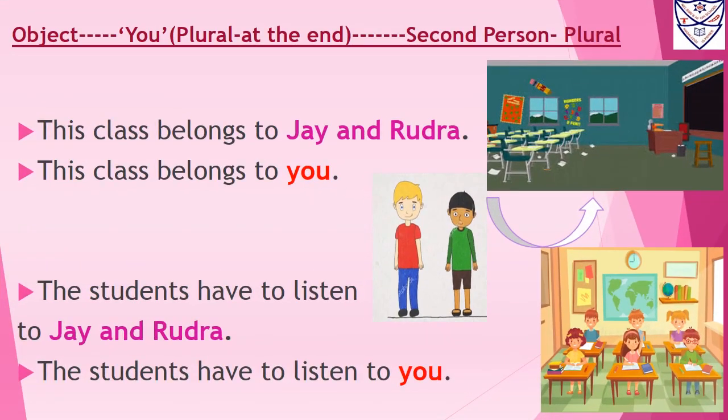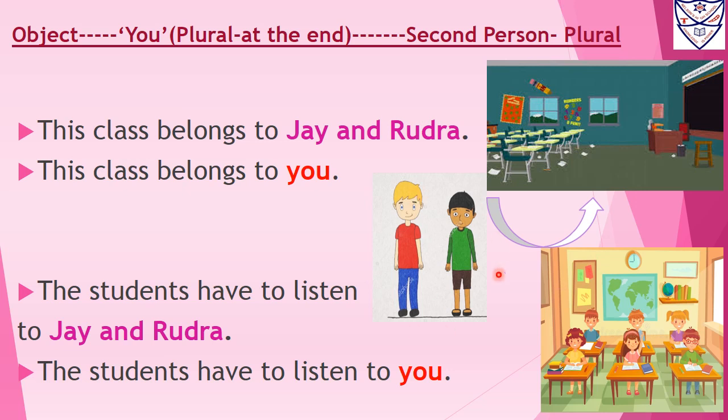Now first I was having only one person. Now I am having two children with me. I will talk directly to both of them. This class belongs to Jay and Rudra. So instead of Jay and Rudra, I will say, this class belongs to you. The students have to listen to Jay and Rudra.